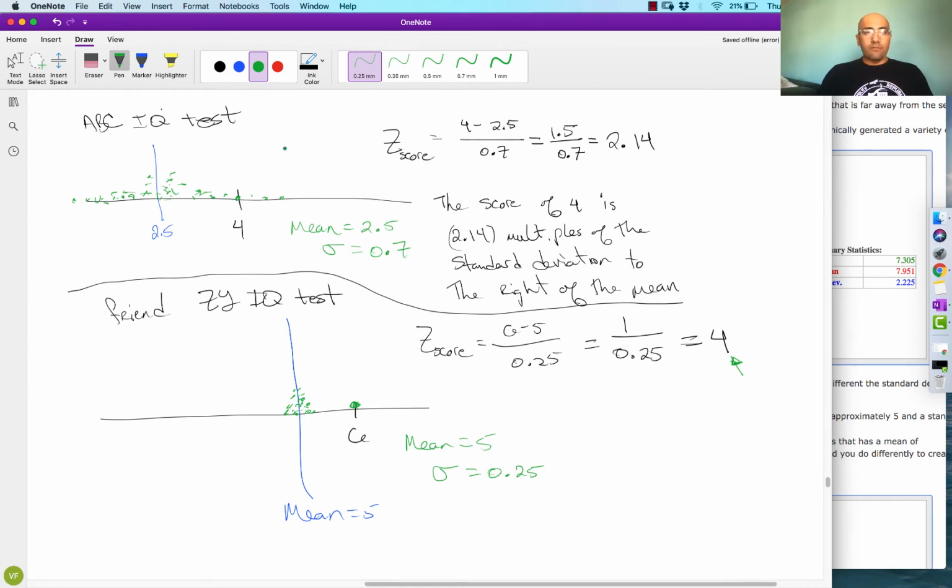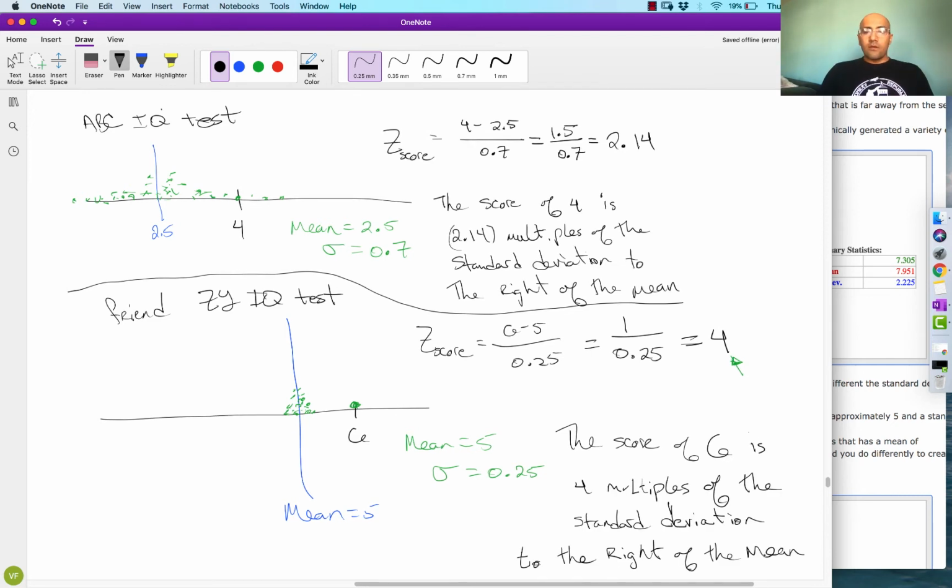Good? Okay, so we'd say a score of 6 is 4 multiples of the standard deviation to the right of the mean, right?